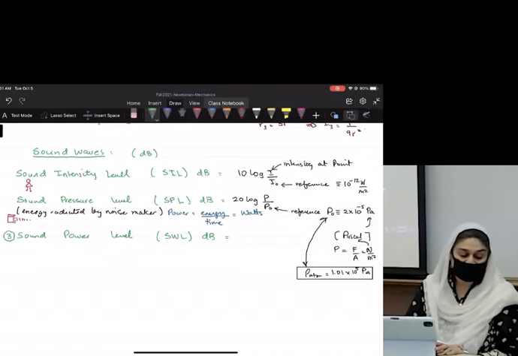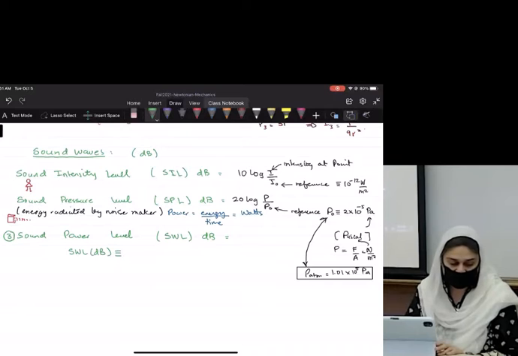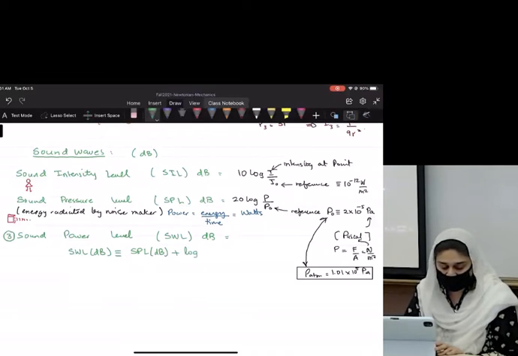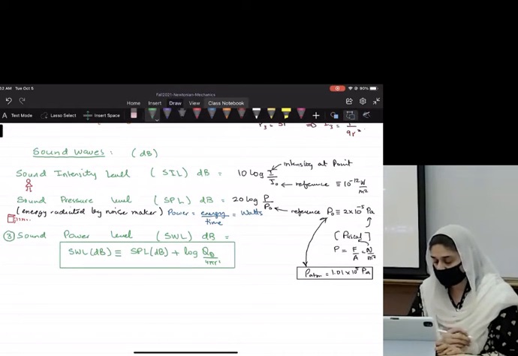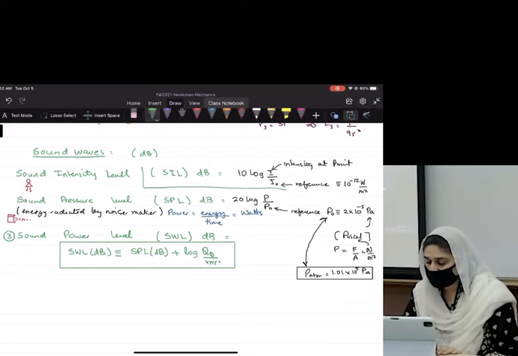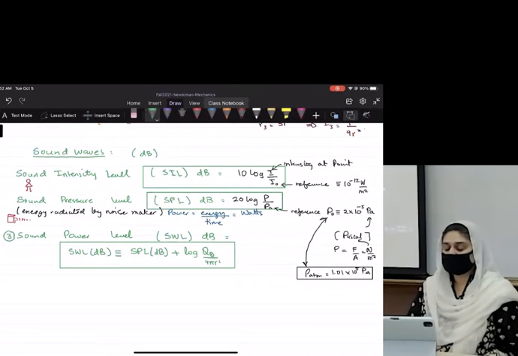When we talk about the sound power level, SWL in decibels is defined as SPL, also in decibel, plus log of QD divided by 4 pi r squared. Again, every single thing is measured in decibels. So this is measured in decibels. That is measured in decibels. And that also is measured in decibels.